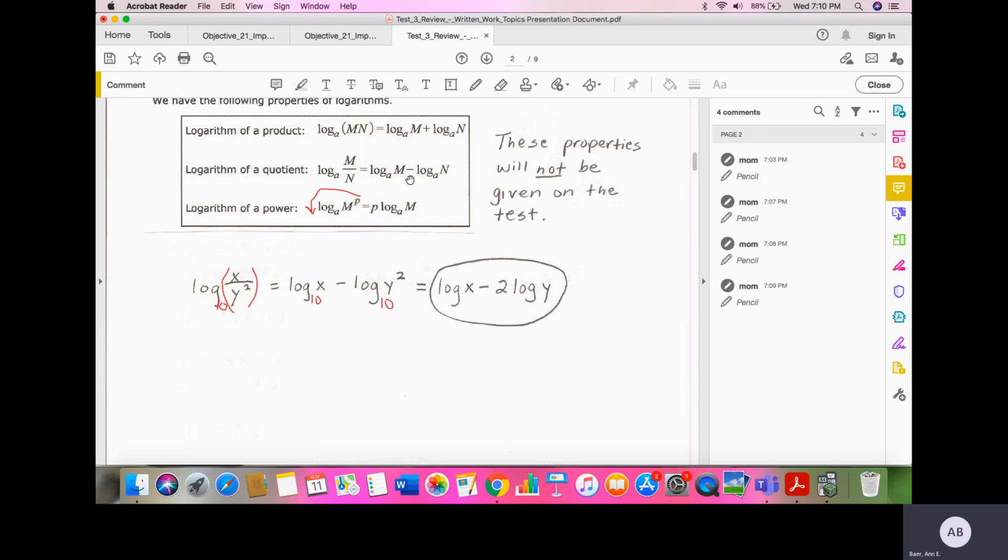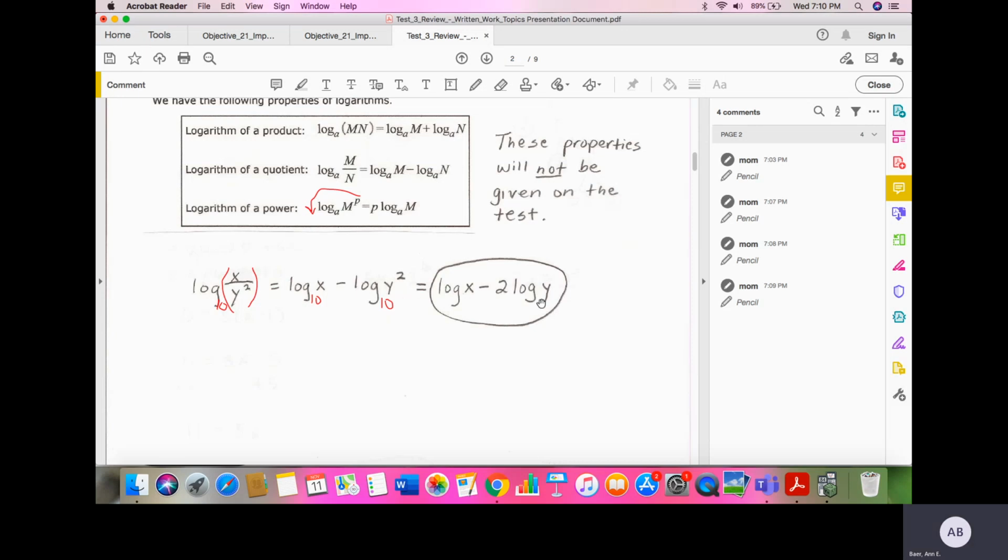Once you write that P out in front, you don't write it down again. You're only going to have that P out in front. That P stands for power. So we want to bring this 2 down front, and we write it as a 2 in front of the log, just like that. 2 log of what?